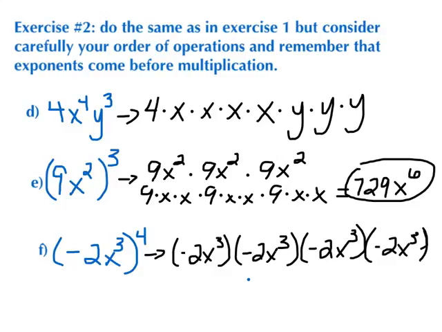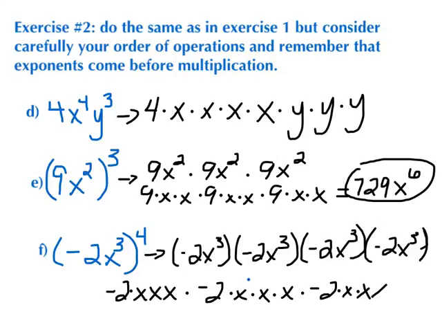Once again, I can write that out with my x's. So negative 2 times x times x times x times negative 2 times x times x times x times negative 2 times x times x times x times negative 2 with my 3 x's.